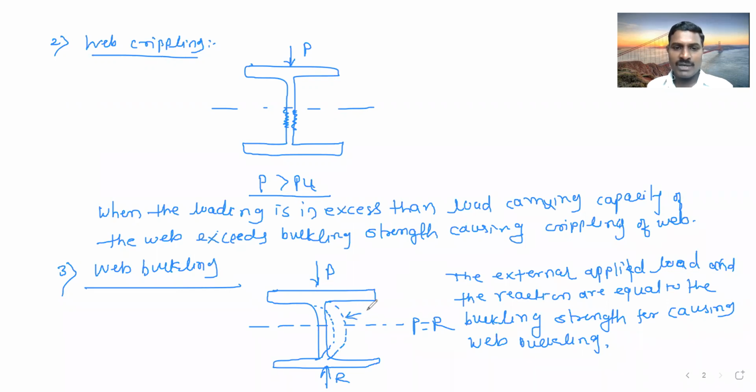So this is the buckling of web. These are the three failure criteria of a beam. The beam will fail due to these three only. So this is the basic concept regarding this beam.